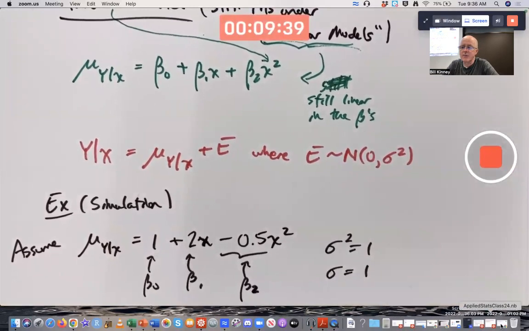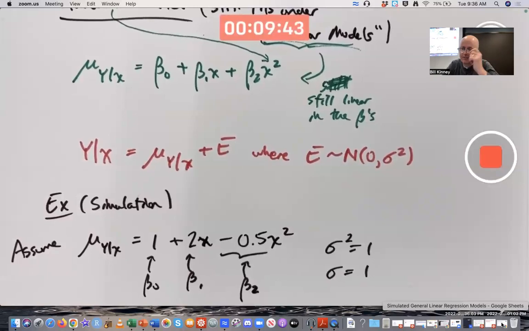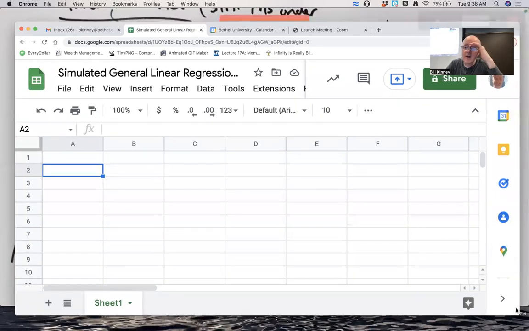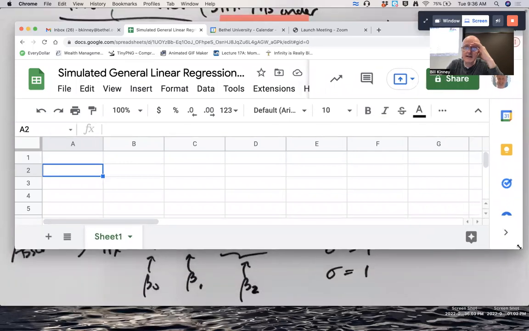Let's now go to a spreadsheet, and we'll use Google Sheets so that we can ultimately use Excel Miner. But if you are in Excel on a PC, you should be able to get Excel Miner as well. That might automatically be in there.